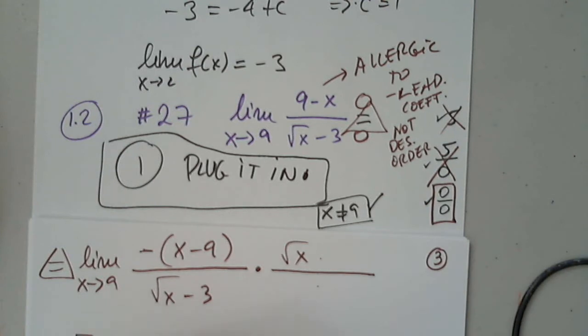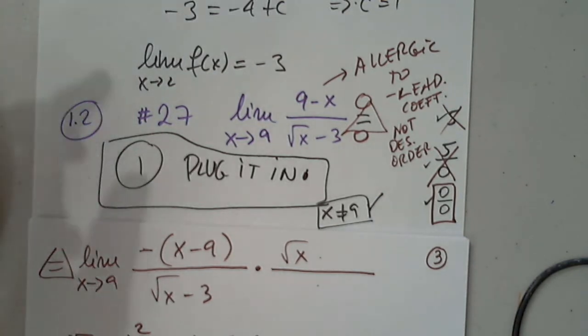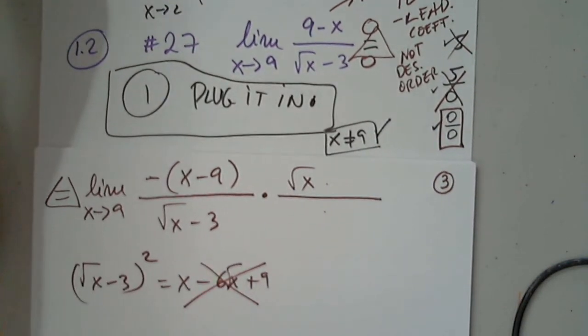Because if I multiply by the square root of x minus 3, then I will have the same thing, and this is x minus 6 the square root of x plus 9, and I haven't accomplished anything. I did not get rid of the square root.